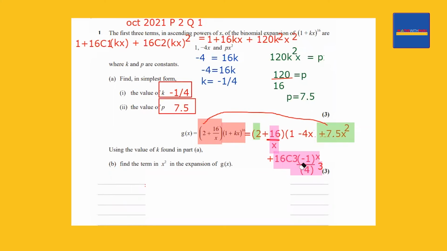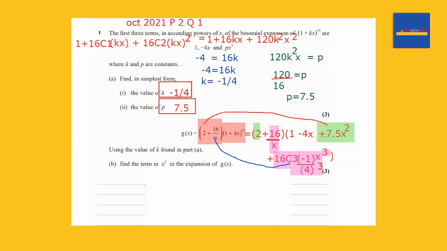The x cubed term will come from 16C3 into minus 1 over 4, that is k, to the power 3 into x cubed. The way I can get x squared is if I multiply 16 over x into the x cubed term. That is the reason that we expand it with one more term.